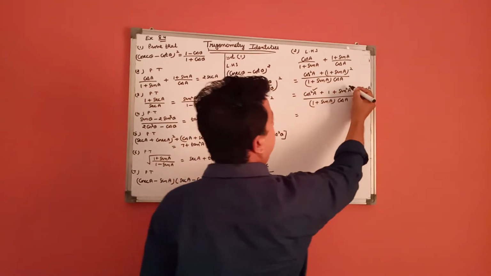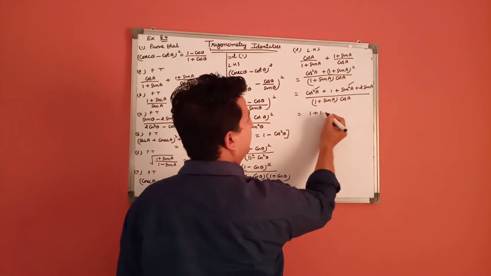As we know, cos square A plus sin square A equal to 1.